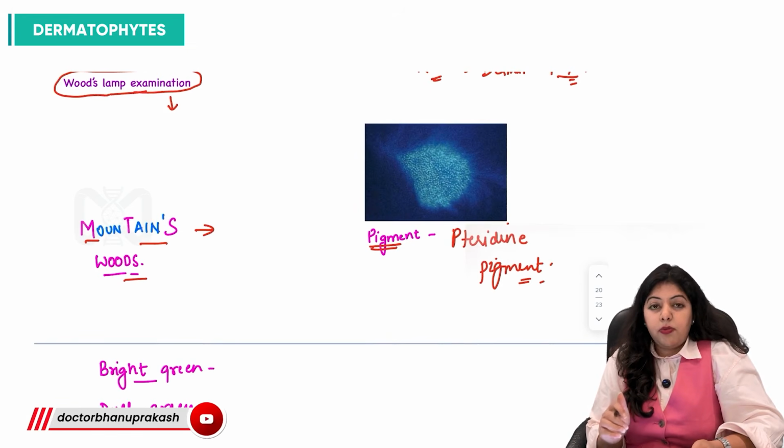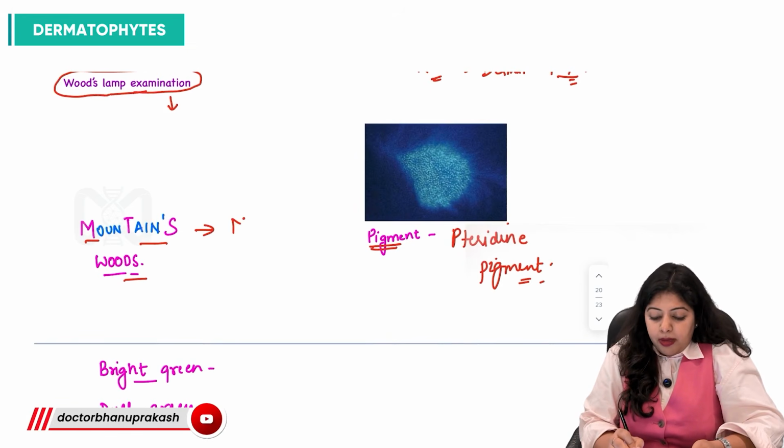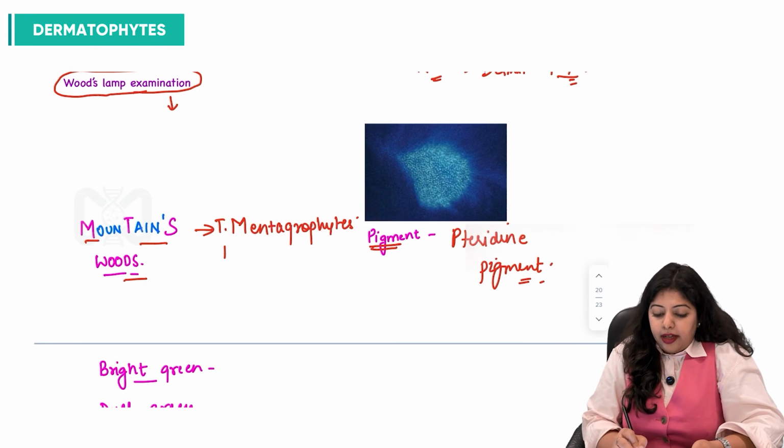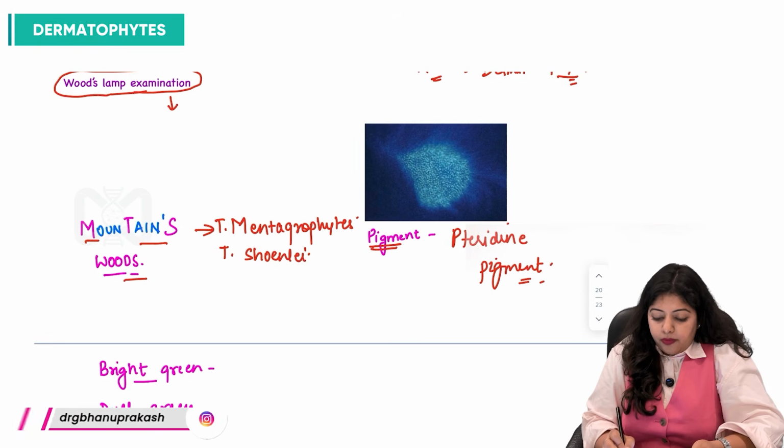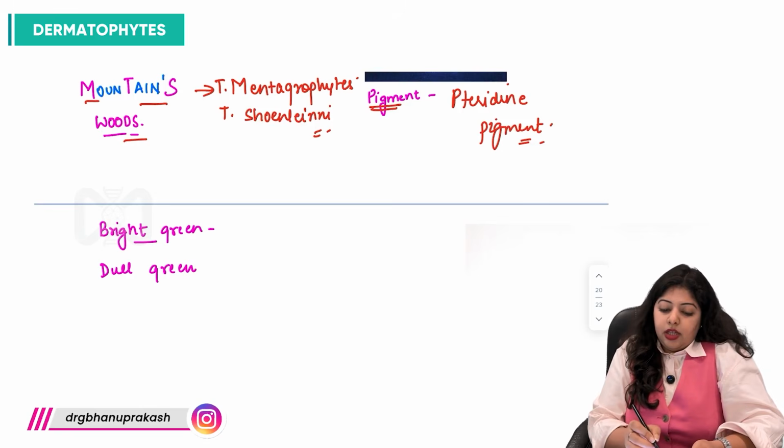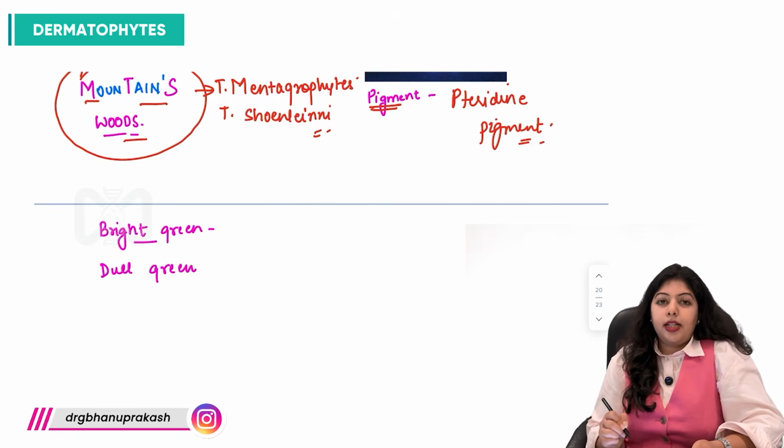These are two species. One is Trichophyton mentagrophytes and the other is Trichophyton schoenleinii. Right? So this is the mnemonic for Wood's lamp examination.